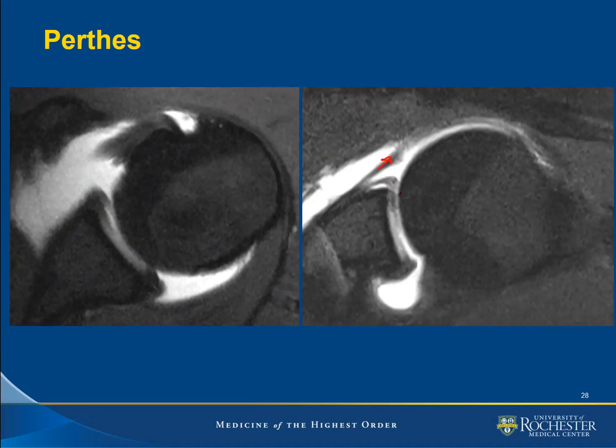In this case, you can see contrast imbibing itself at the chondrolabral junction between the labrum and the articular cartilage, demonstrating periosteal stripping, and the labrum is attached to the periosteum waving around like a flag. A Perthes injury is essentially a non-displaced chondrolabral junction injury with stripping of the periosteum, and sometimes you require this ABER position to exaggerate these findings.